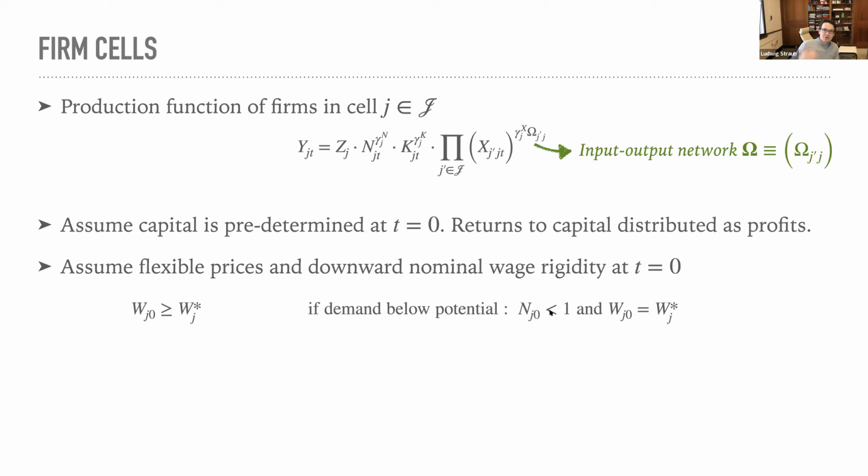And so labor supply to this firm will be rationed by a uniform factor Nj. So there's an asymmetry there: whether a firm cell has a positive or a negative shock will make a difference for whether this firm cell's workers have unemployment or not.